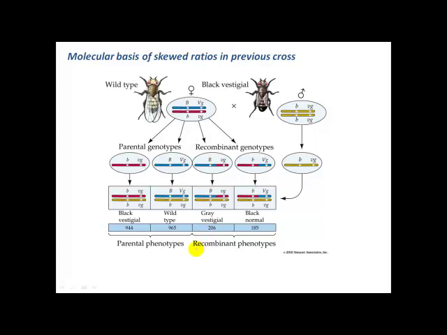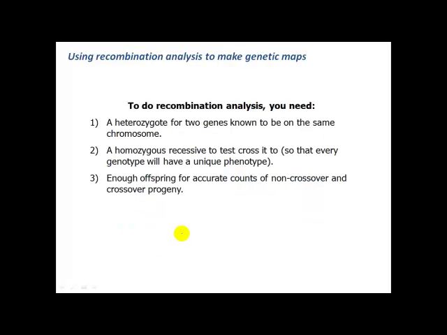And so we can actually generate a map based on these frequencies, these numbers of recombinants compared to parentals, and comparing the proportions of the two. So in order to do this kind of mapping using recombination analysis, what do you need?